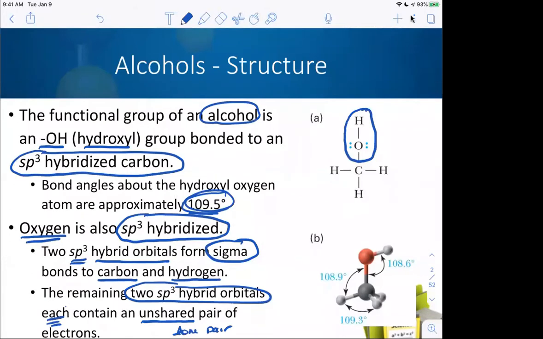Remember, I have a hydrogen bonded to an oxygen, and then I have those two lone pairs. So oxygen is pretty electronegative. Oxygen has two lone pairs, and it is an electron-rich area around that oxygen atom.